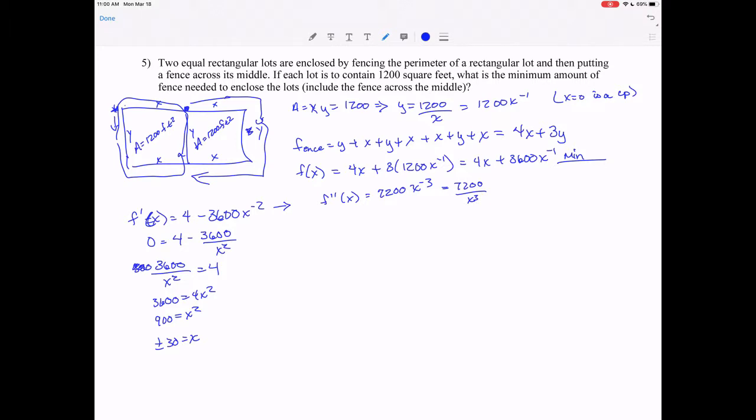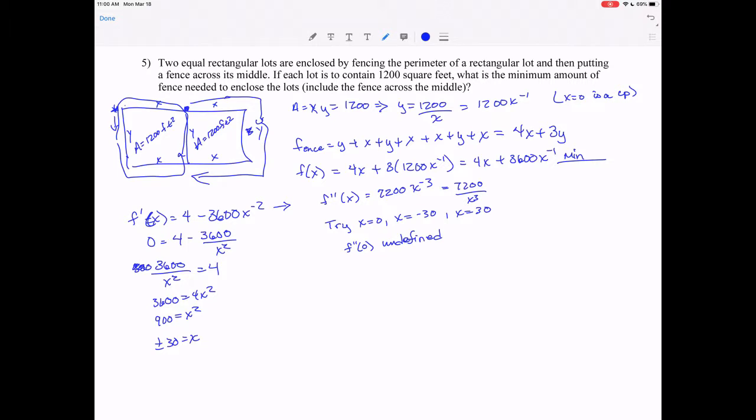I'm going to plug in, remember I've got to have 0, so I want to try this at x equals 0, x equals negative 30, and x equals 30. The second derivative at 0 is undefined, so it tells me nothing.